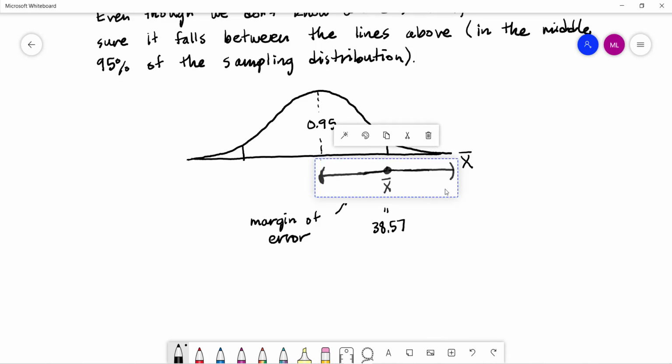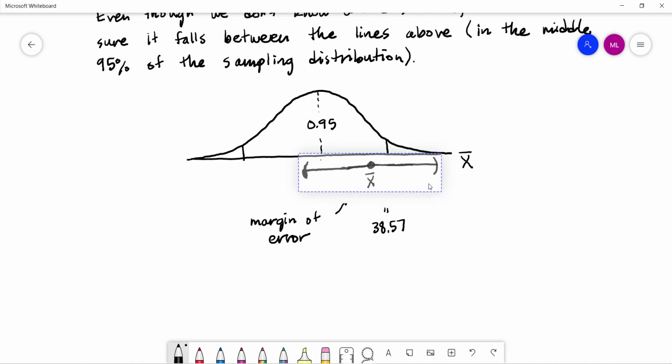So right now it's right at the edge of the 95% most common values, and we've made our margin of error just big enough that it's capturing the true value of mu, which is that line at the center of the curve. If it turns out that x bar is even less extreme, I can make x bar be over here, where it's an even more common value. It's not at the extreme edge of that 95%. And my interval, you'll notice, still is wide enough to contain the true center value of mu.